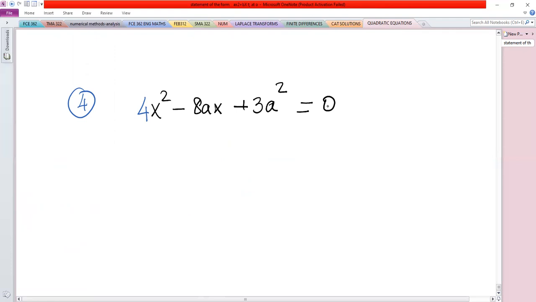So we are solving for x. So we'll write 4x squared minus 8ax equals minus 3a squared.